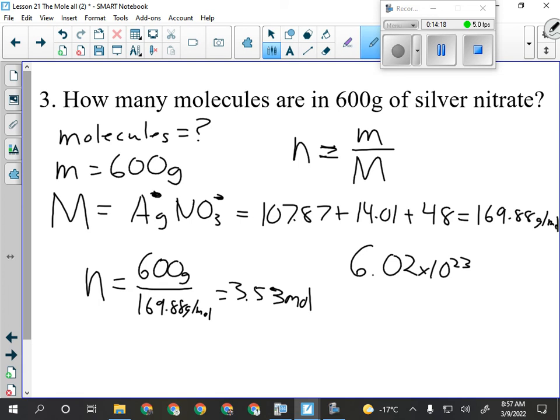The number of molecules, not in a gram, in 1 mole. That's the number of particles in 1 mole. If I have 3.53 moles, how do I figure out how many molecules I have in 3.53 moles with that number?